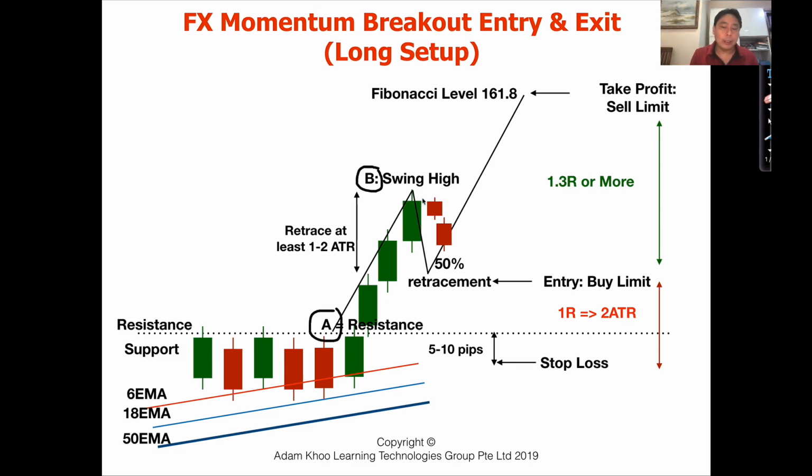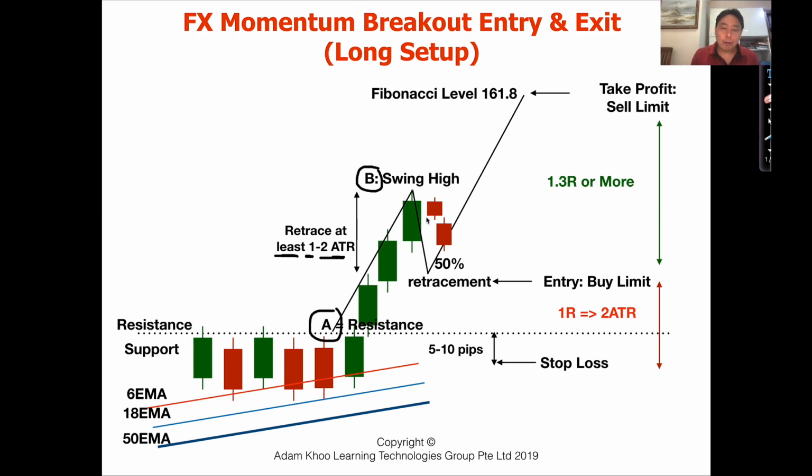The other thing to always ensure is that this 50% retracement should always be at least 1 ATR to 2 ATR. Okay, later I'll explain more that if it retraces to another level of support here, then a 1 ATR retracement is sufficient.